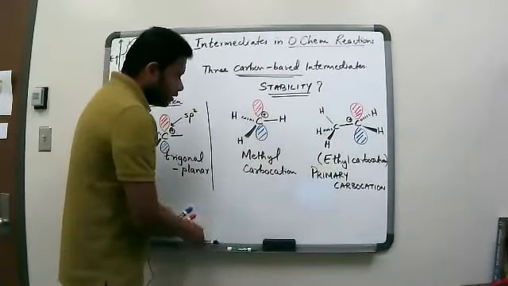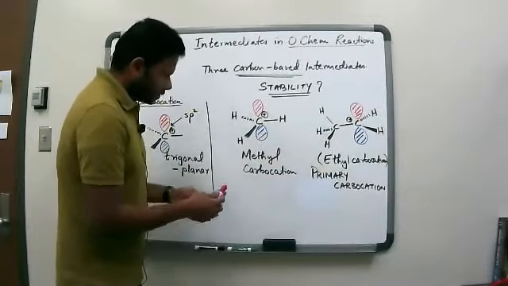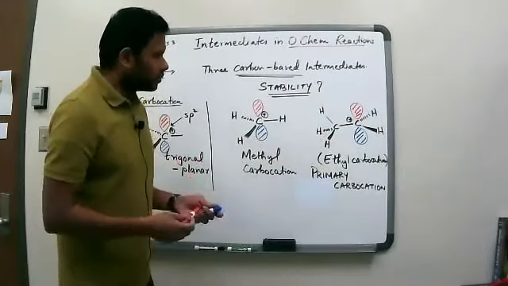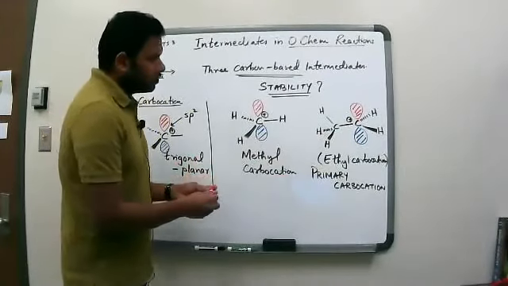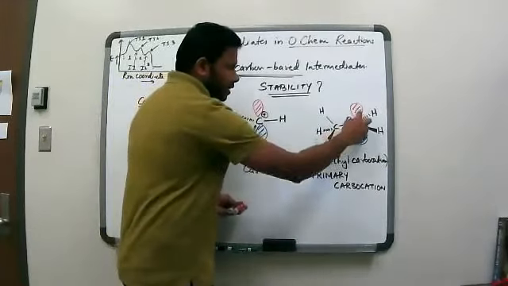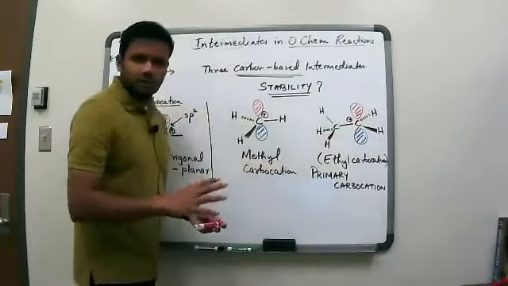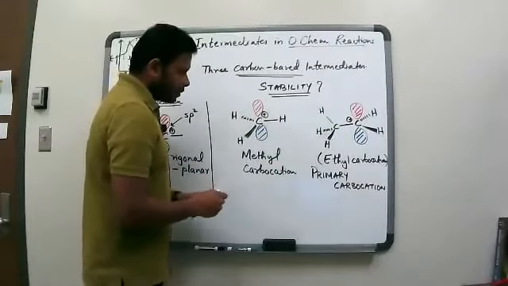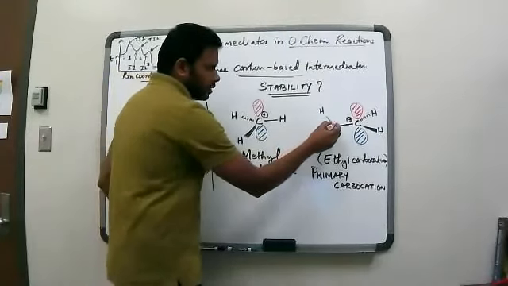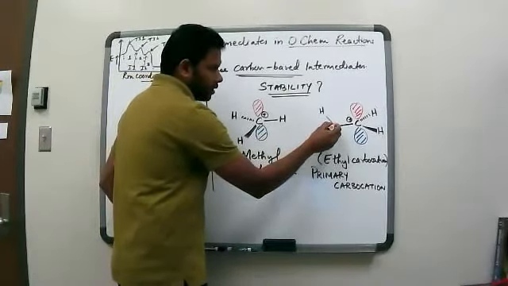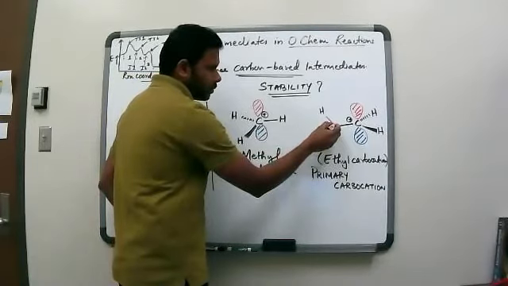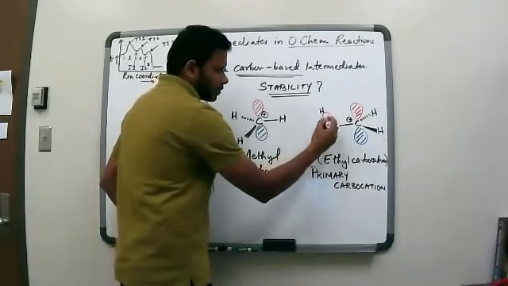But a better explanation for this is from the molecular orbital picture again, where essentially what happens is we have this empty p orbital, which does not have any electron density, but next to it, there is this sigma bond between carbon and hydrogen. So this bond has electron density in it.